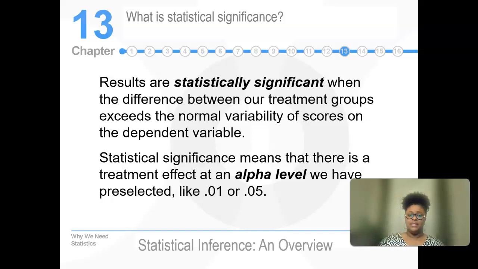The alpha levels give us the values that are going to create the statistical significance, which means that there is some type of treatment effect between the IV and the DV. So we have these two set alpha levels, which are 0.01 and 0.05. We typically do not shift higher than 0.05 for our statistical difference or alpha level.